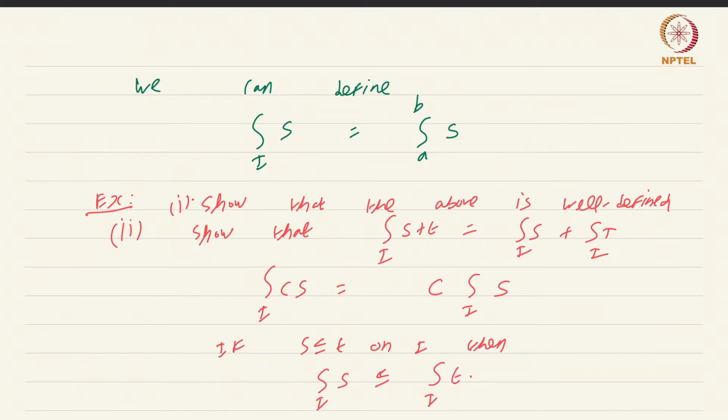All the basic properties of the integral continue to hold true for these more general types of integrals defined for general step functions. And also we have this other property that you are no doubt familiar with.